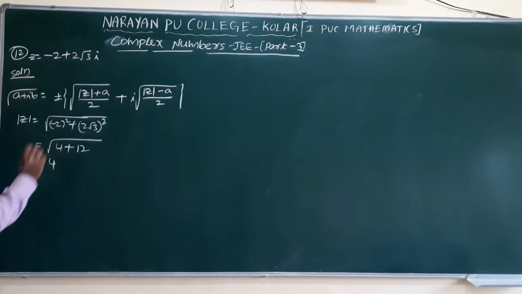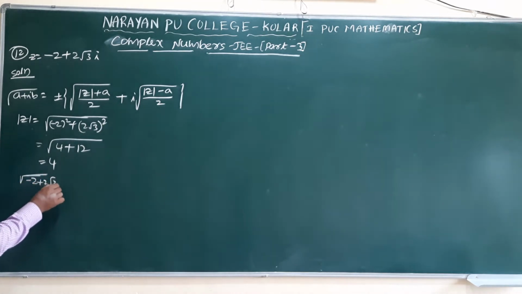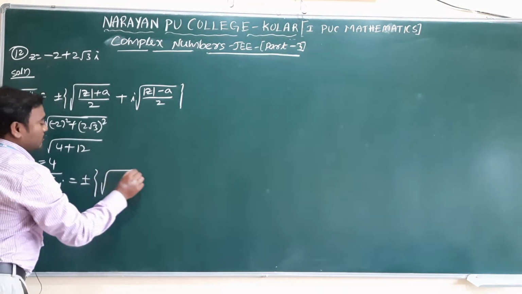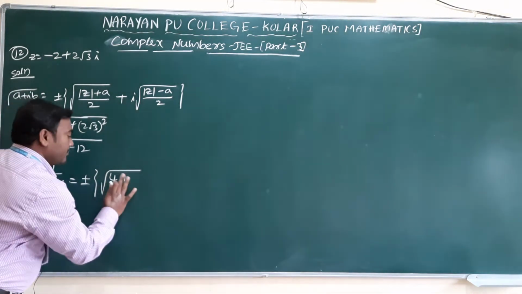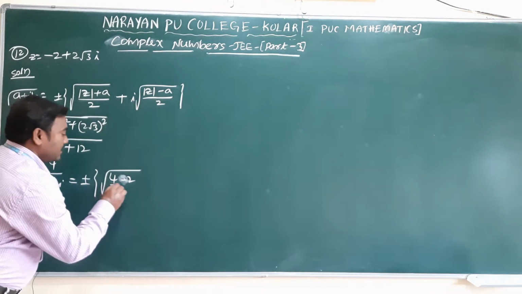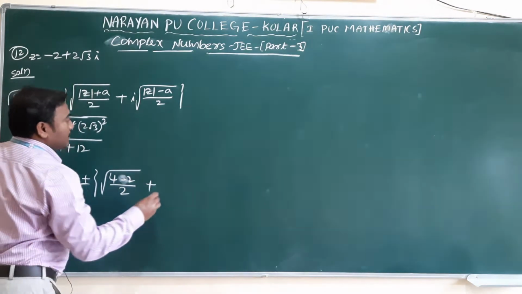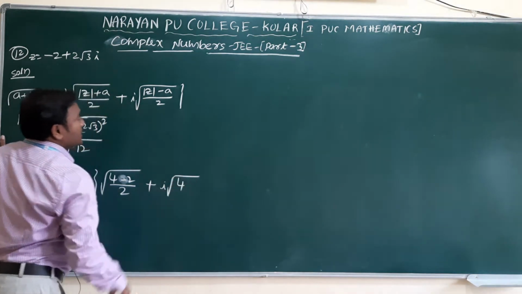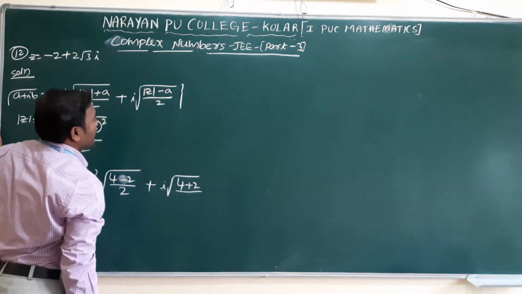Here the a value is minus 2. Then the square root of minus 2 plus 2 root 3 i is equal to plus or minus square root of (4 plus a value, so minus 2) divided by 2, plus i into square root of (mod z value 4 minus a value minus 2, so 4 plus 2) divided by 2.